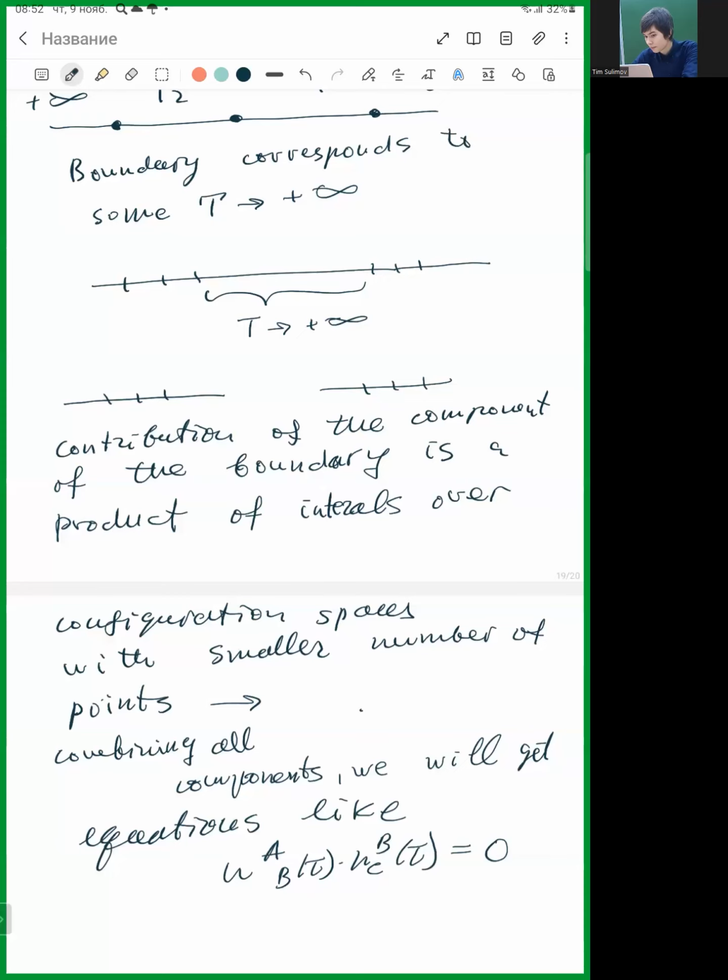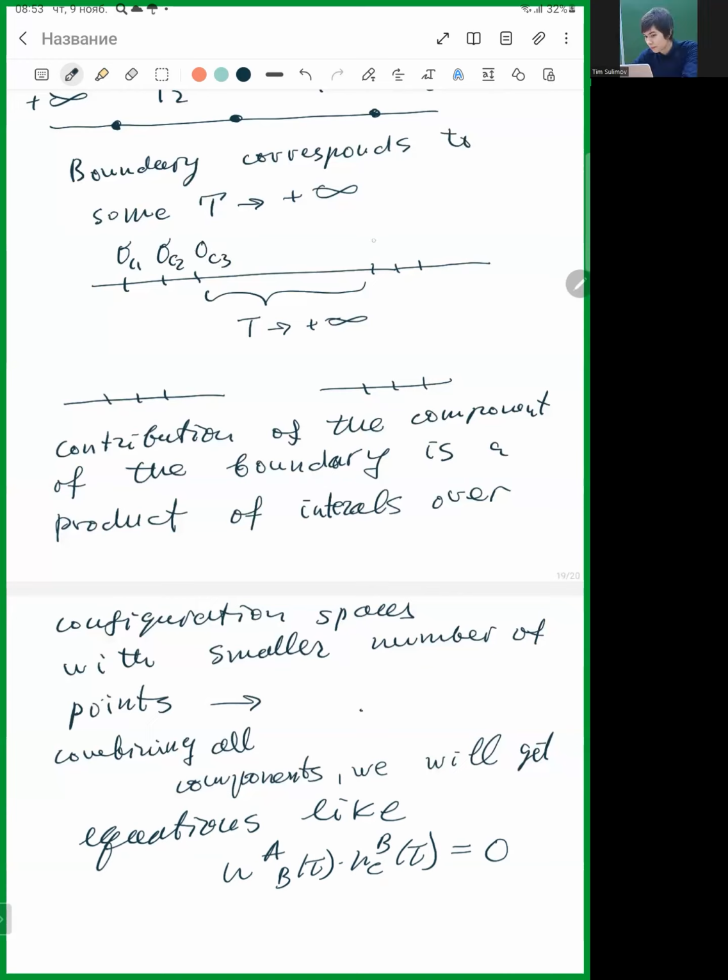But how is the boundary connected with these contours C1, C2, etc.? So here I have, it's a boundary in configuration space.